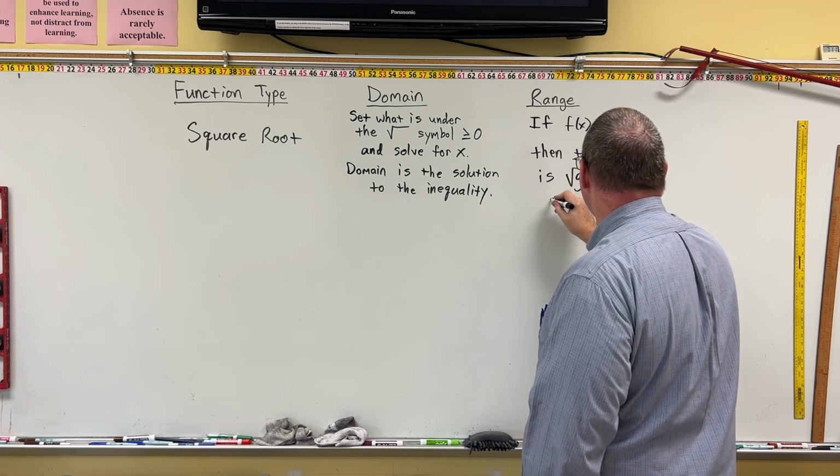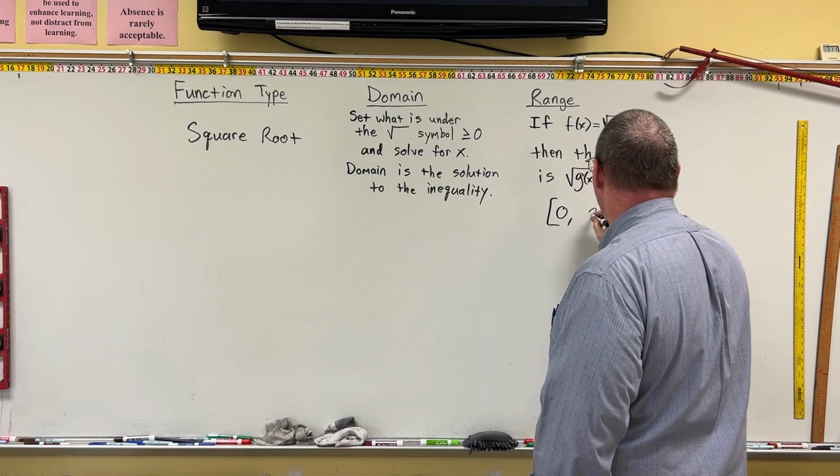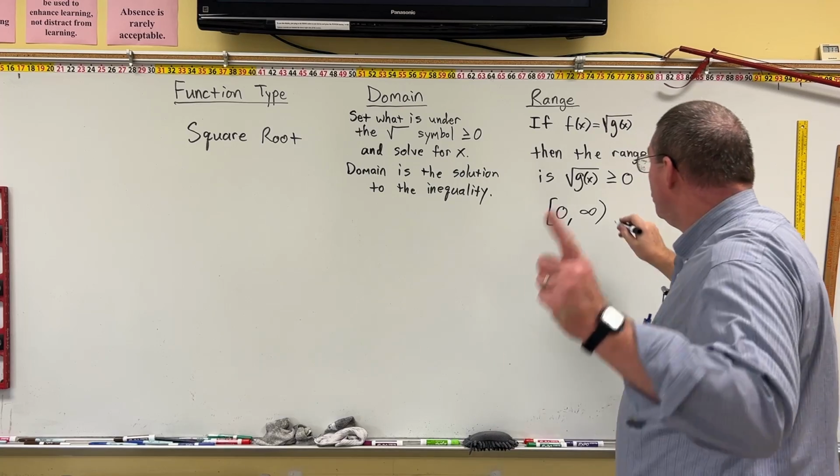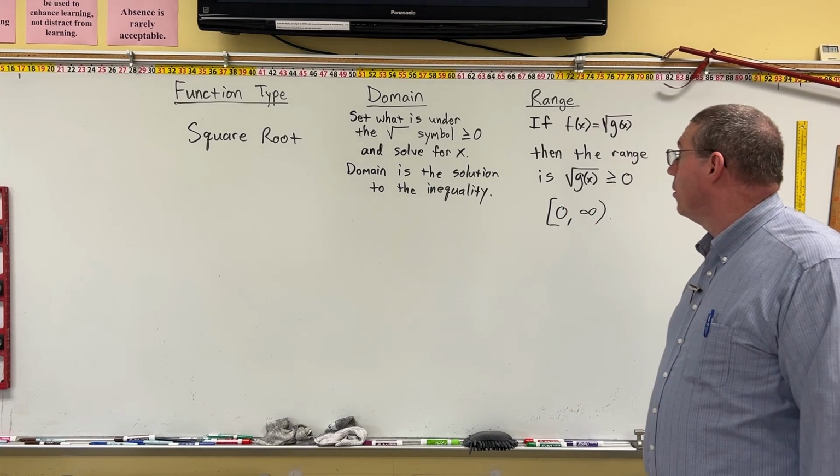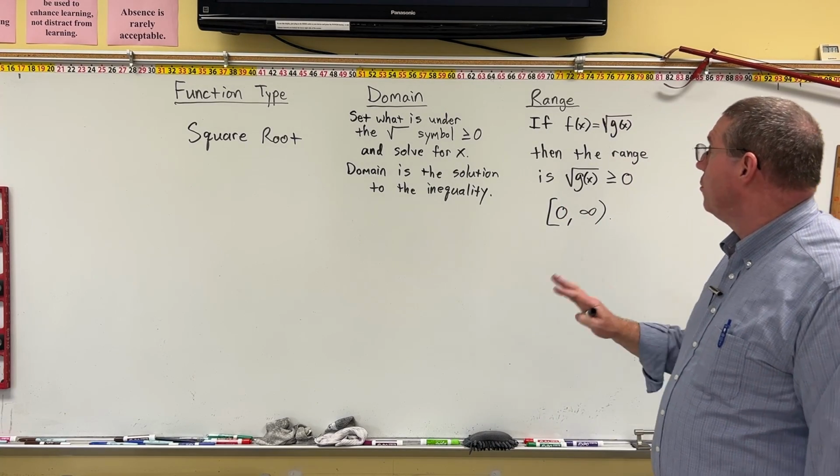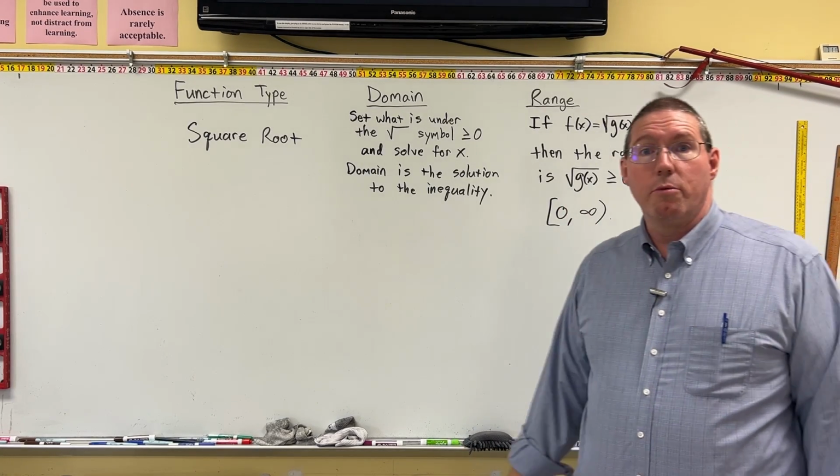That means the range is bracket 0 to infinity, just like absolute value. And that's how to identify the domain and the range of a square root function.